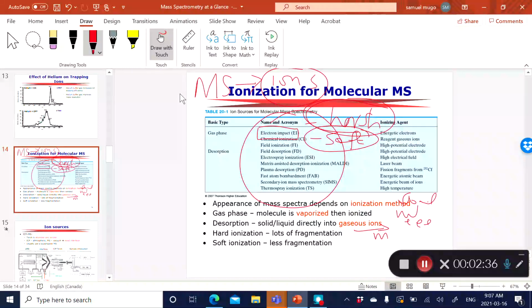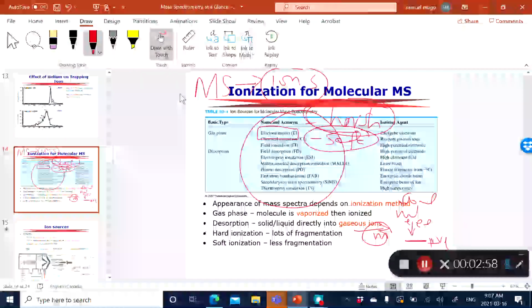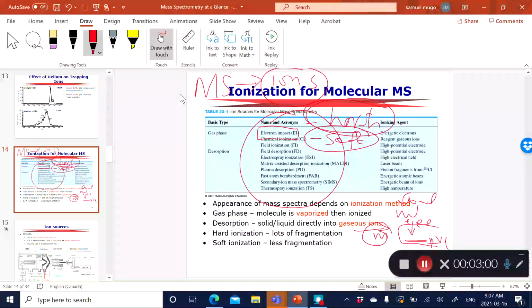Of course, you've got an electrode down here, which would be positively charged, so that you can pull the electrons that are being generated by the filament, and then your analyte is impinged by those electrons that are fairly energetic. And of course, the level of their energies is dependent on the electrode here.